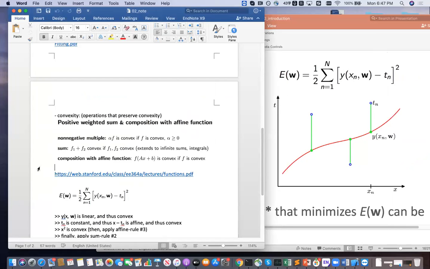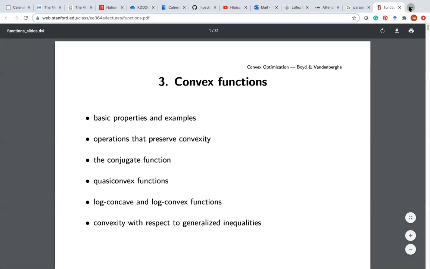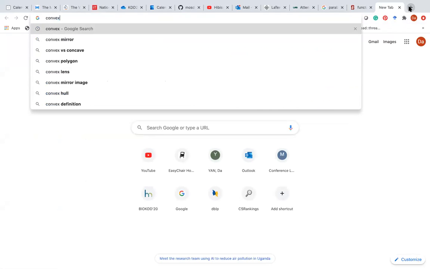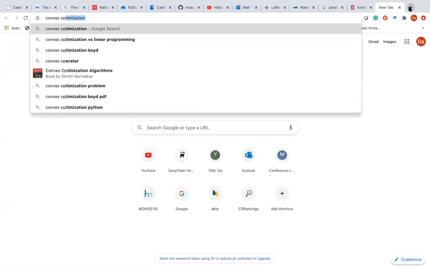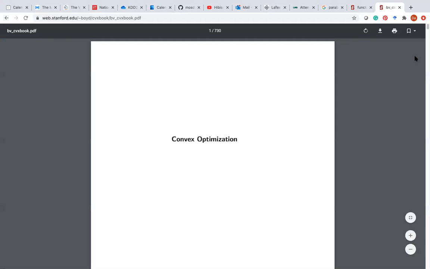There are different ways to prove something is convex. For that, there's a book by Stephen Boyd, Convex Optimization. You can download it freely, but it's maybe 600 pages. Basically, anyone who does optimization treats this as the basic reference, because there is still non-convex optimization.